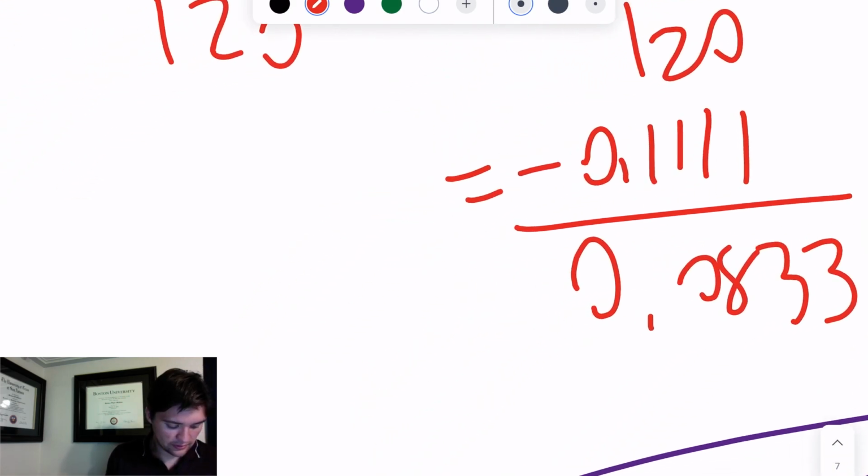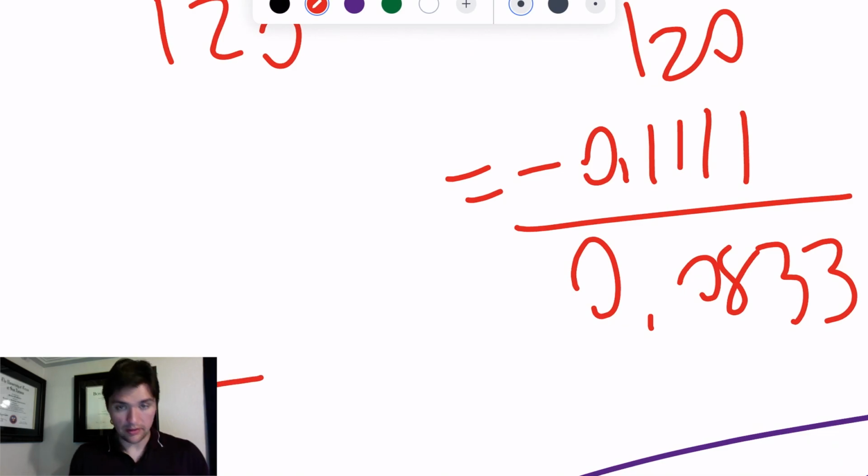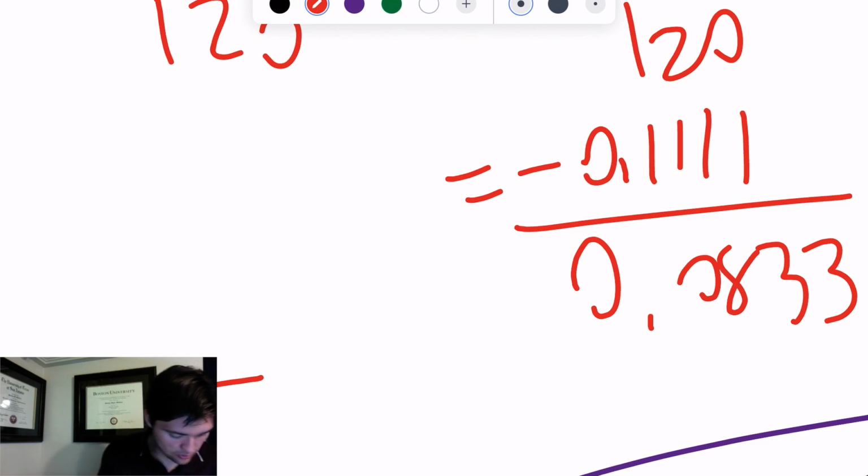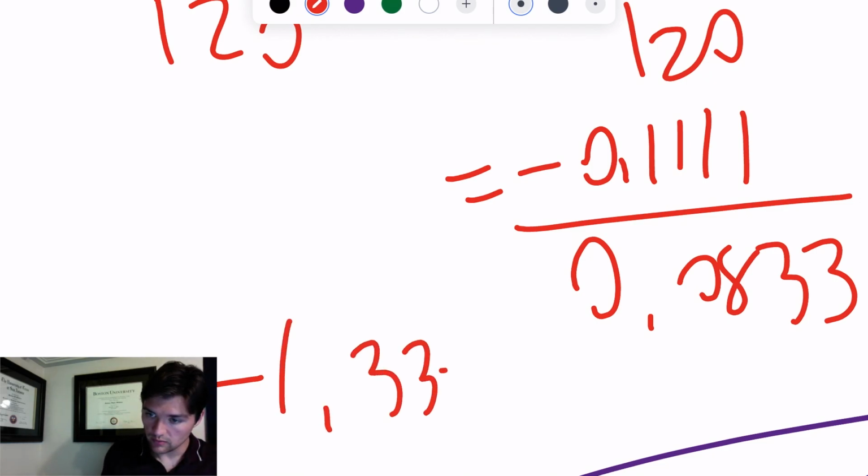If you put that into your calculator, negative 0.111 divided by 0.083, you should get negative 1.3337.